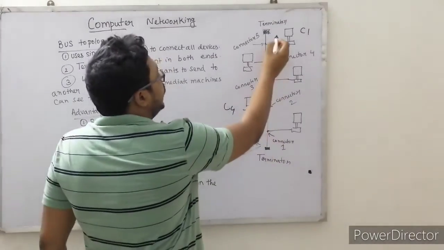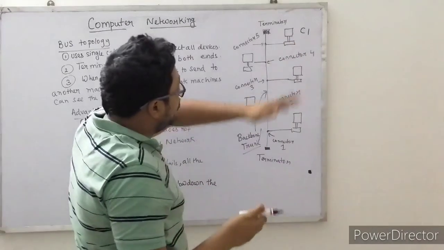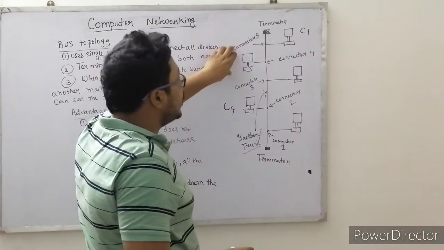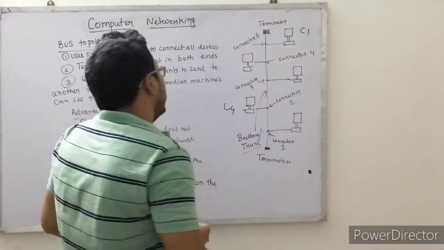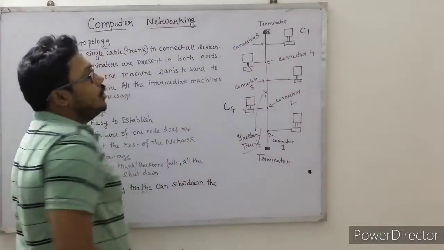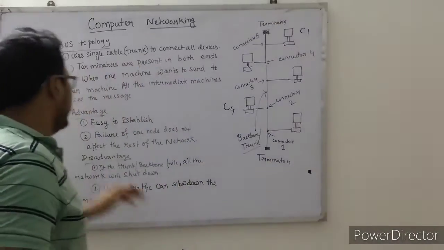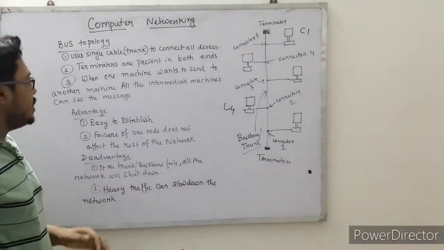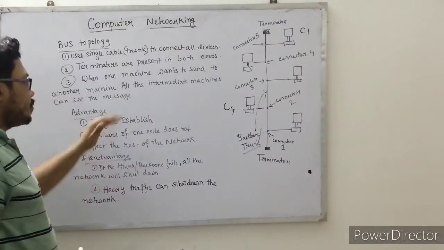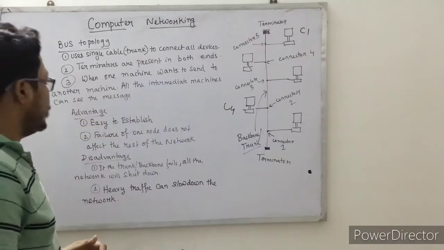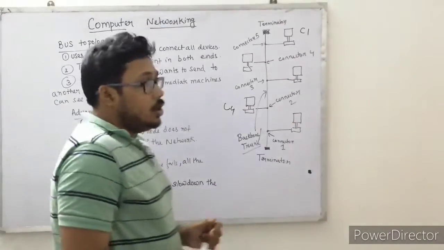This message will go through computer 2, computer 3, and computer 4. Computer 2 and computer 3 can receive this message as well. So when one machine wants to send to another machine, all the intermediate machines can see the information.